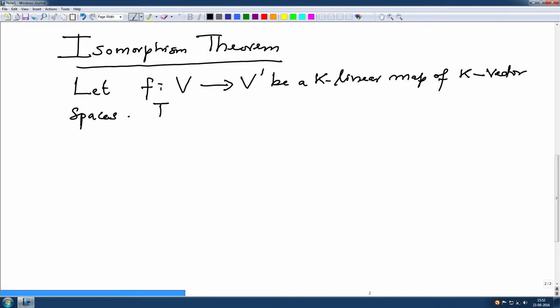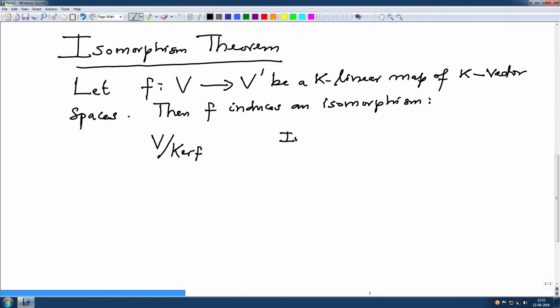Then F induces an isomorphism, which will be denoted by F bar, that is from V modulo kernel of F to image of F.